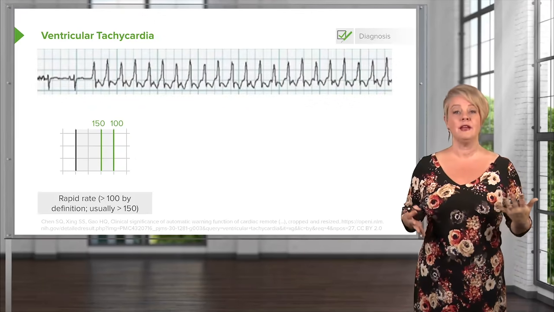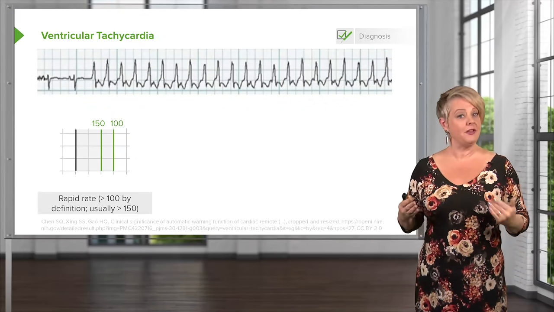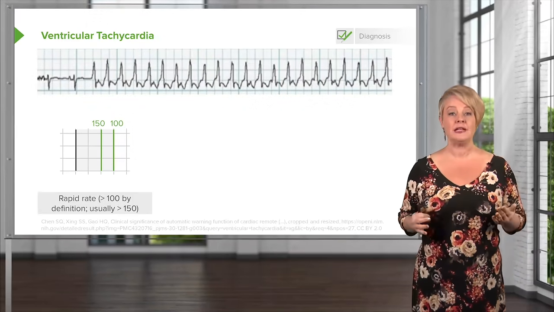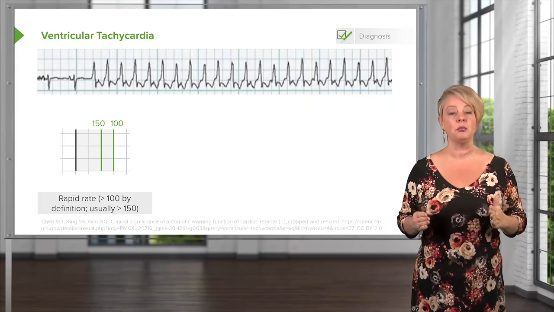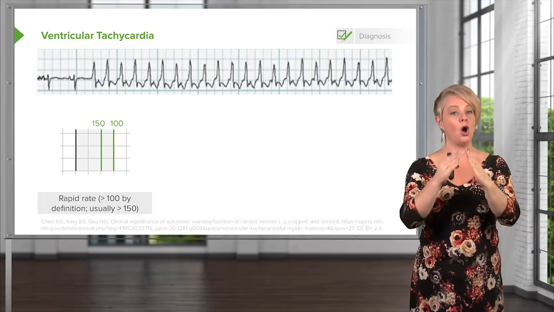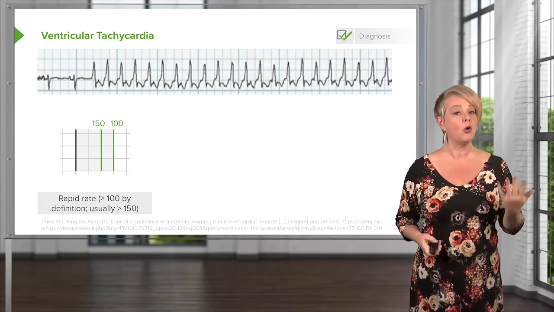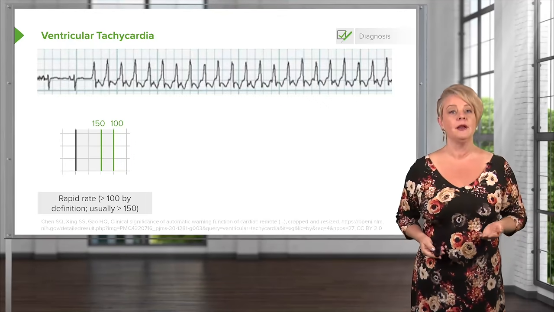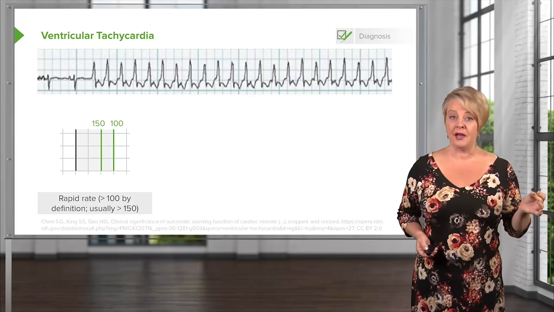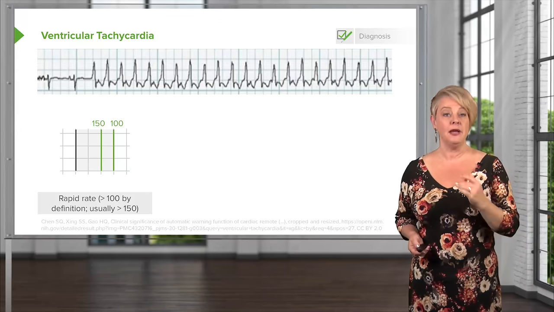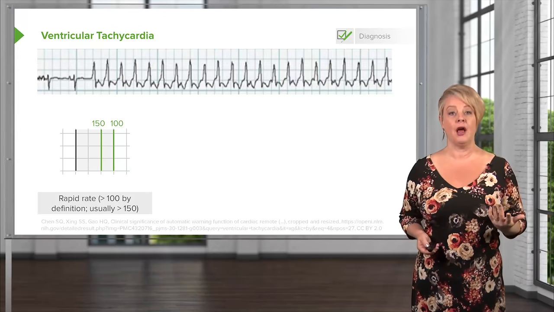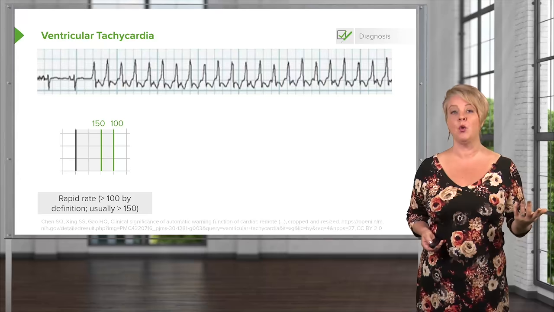By contrast, here's VTach. So we mentioned this in a prior lecture as well, but VTach is organized, it's just bizarre. So these QRS complexes are big and tall and wide, but they are organized and they are regular. Now, you want to think about VTach anytime you see tachycardia, meaning a heart rate of greater than 100, most commonly greater than 150.